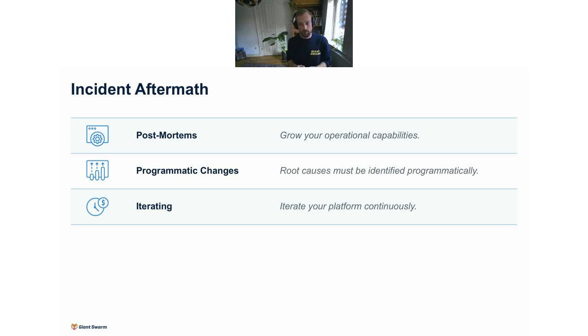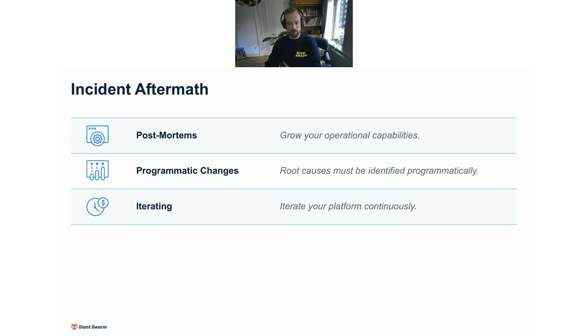You have to iterate your platform continuously. You have to change frequently so that downtimes might not occur, because the worst thing is that downtime happens because some versions are not matching anymore because they're outdated or something like that.